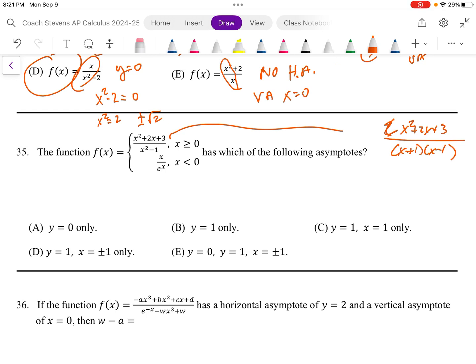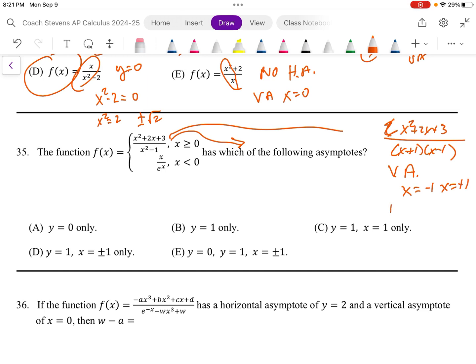Which of the following has asymptotes? It doesn't specify, so they want us to think about all the cases here. So the top part has vertical asymptotes at x equals -1 and x equals +1.